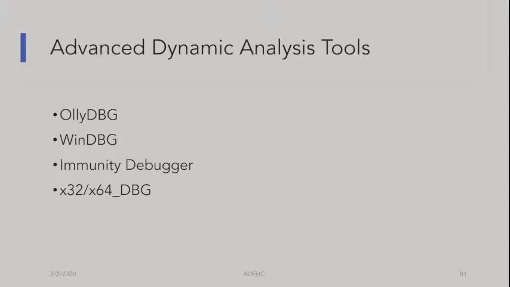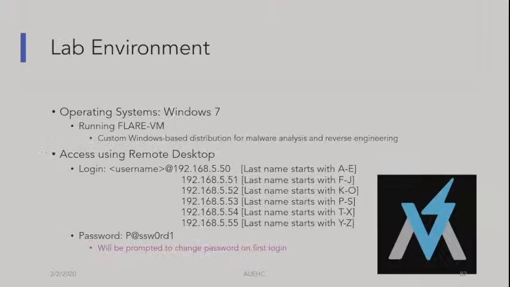It's newer. Olly is kind of gross, in my opinion. Immunity, I've never used, so can't really speak to that. There are VMs that have all of these tools for you. I think, in fact, some of the laptops we've handed out have all these tools, or at least the ones some of us are familiar with.